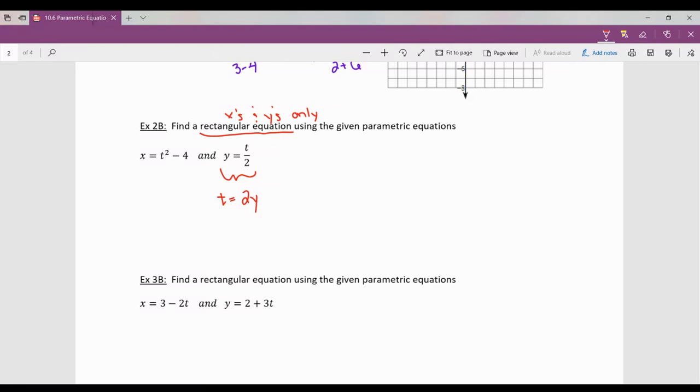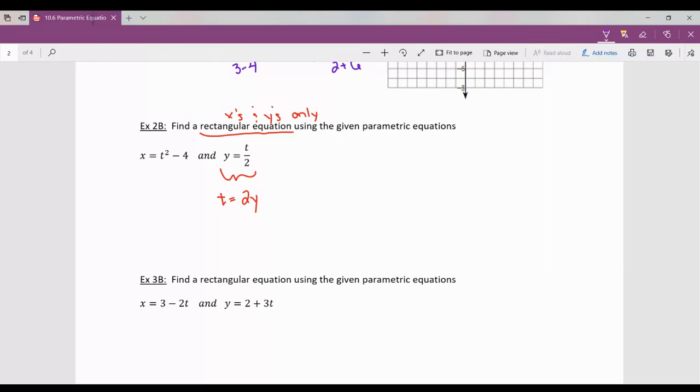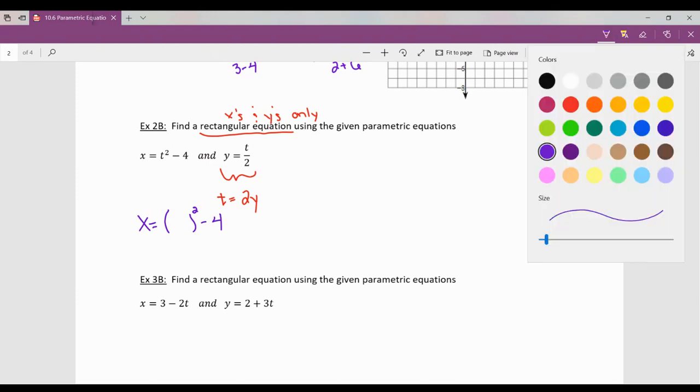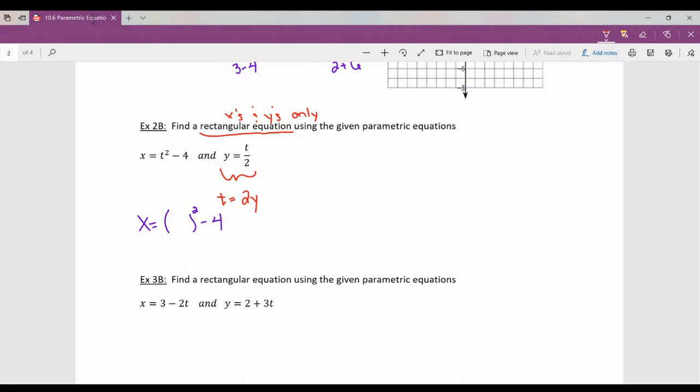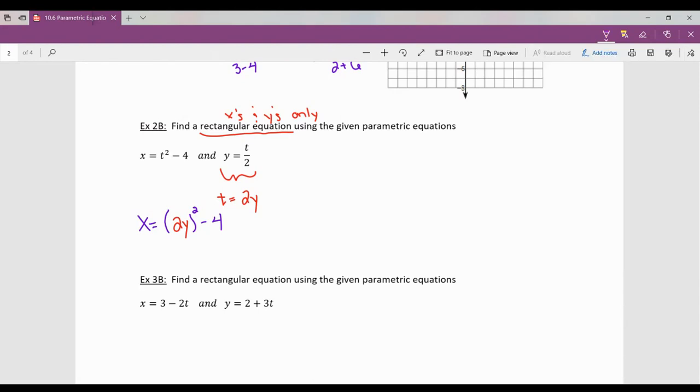Now that I have what t is equal to, I can go to my equation for x, which is x equals t squared minus 4. But instead of t, I can plug in 2y. Now we simplify that.